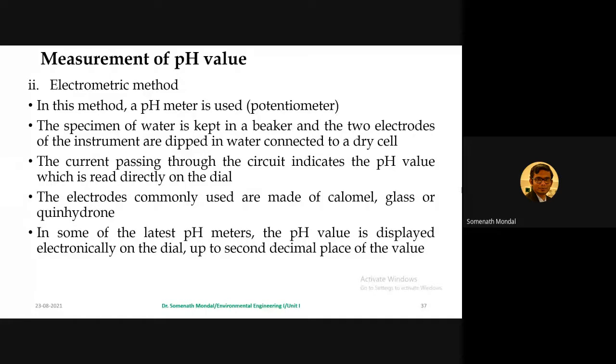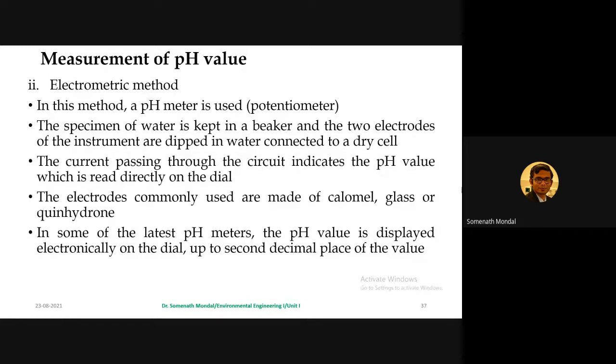In some of the latest or modern-day pH meters, the pH value is displayed electronically on the dial up to the second decimal place. So that's what I was talking about. In modern days, we don't do other tests; we simply have a probe, and within that, everything is done.